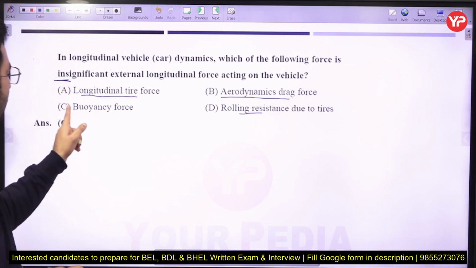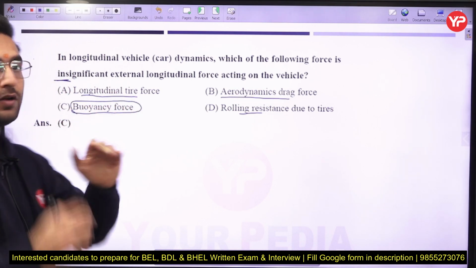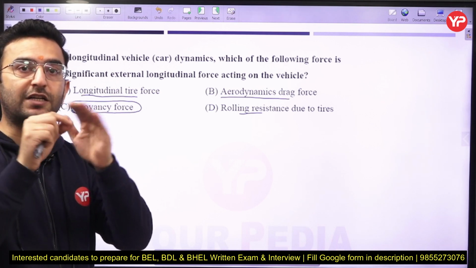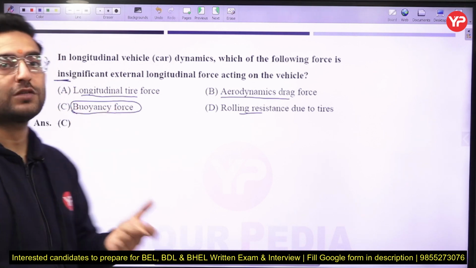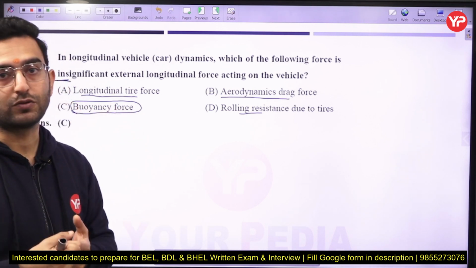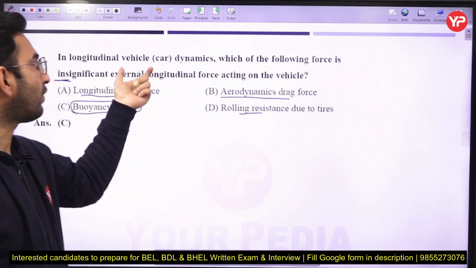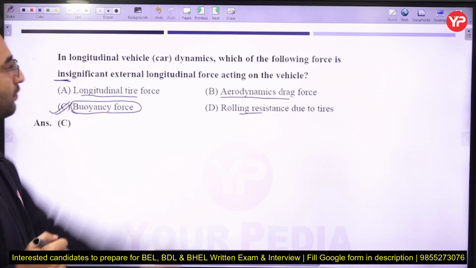Okay, but if you see the buoyancy forces, the buoyancy forces are due to the displacement of the air here. Okay, because the car body is basically displacing the air by a certain amount, and the corresponding buoyancy force magnitude depends upon the density of the air, and the density of the air is very small. So we can say the buoyancy forces are negligible in the case of longitudinal vehicle dynamics here. Okay, so option number C is going to be the correct answer here.